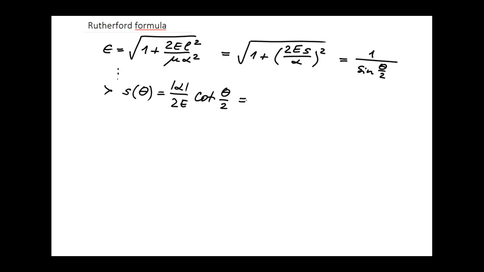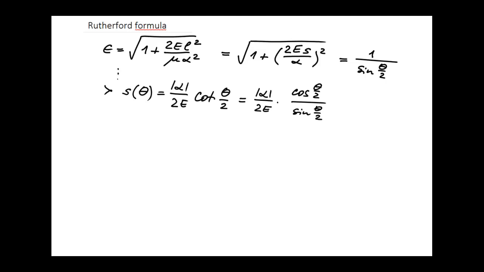We can also express that in terms of sine and cosine. So this is absolute value of alpha over 2E times the cosine of 1/2 the scattering angle over the sine of 1/2 the scattering angle. So this is the relationship between impact parameter and scattering angle that we need for the differential cross-section.